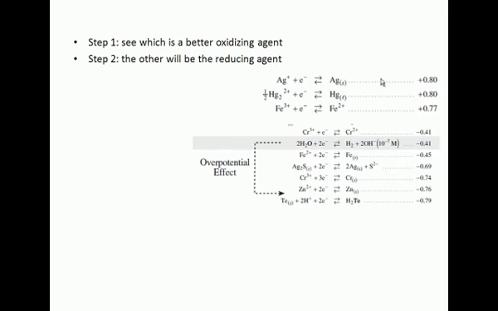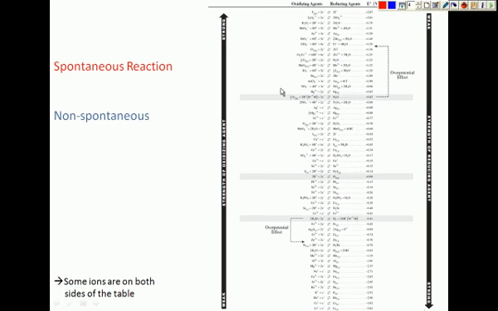So, again, spontaneous reactions. Now, here's an easy way to remember it if you have this whole table right here. If you draw a line between one species, say, we'll just pick one randomly, this one, and you pick another one, this one, you draw a line.